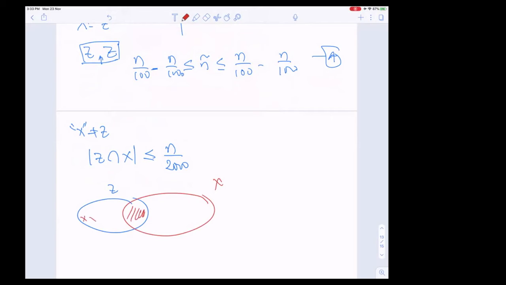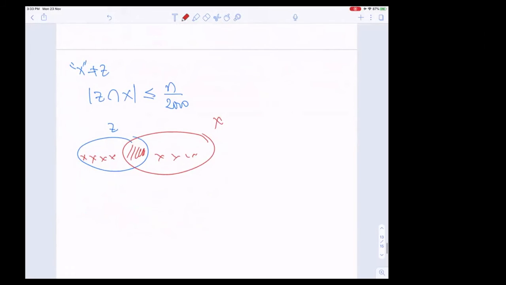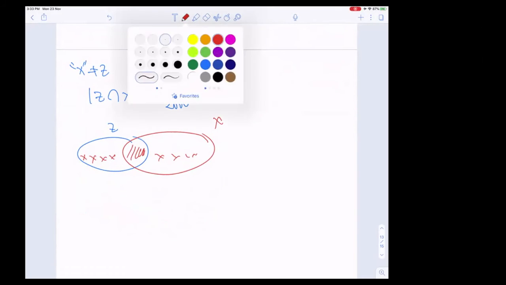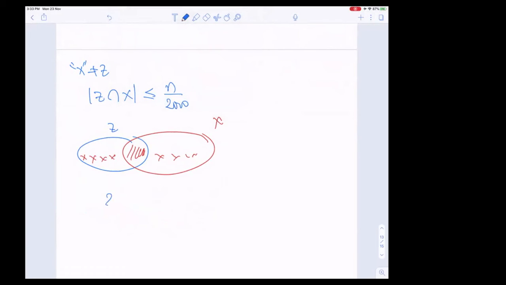It means the number of distinct elements which they have is quite huge. So it's roughly 2n over 100. Okay, so now you're going to get an estimate, in this case 2n over 100 minus 2n over 1000, and you're going to get 2n over 100 plus 2n over 1000.